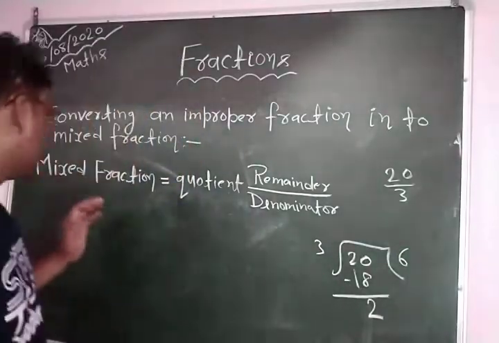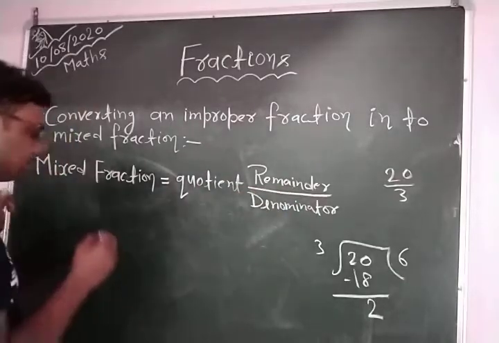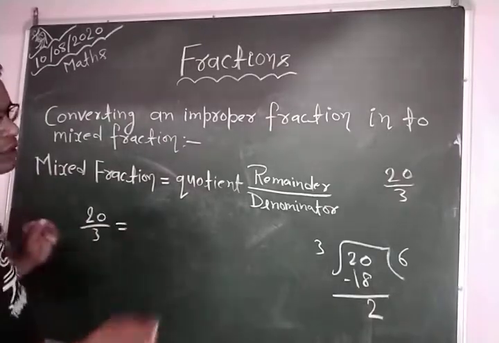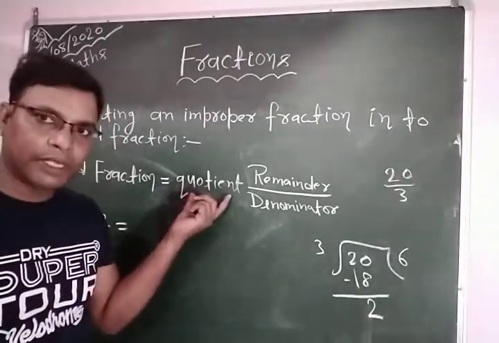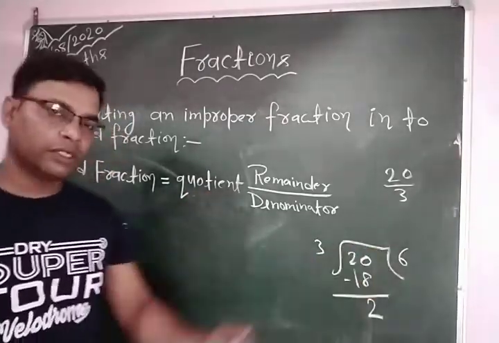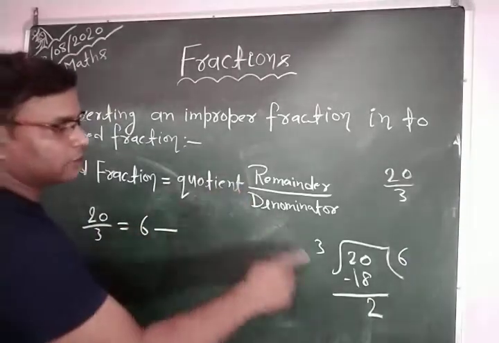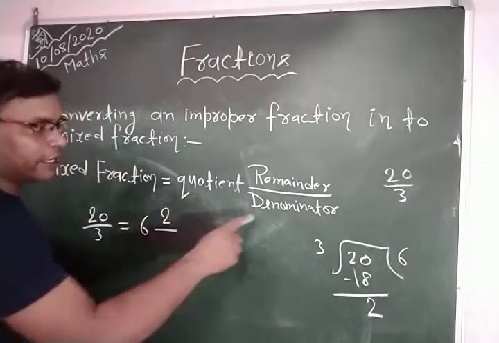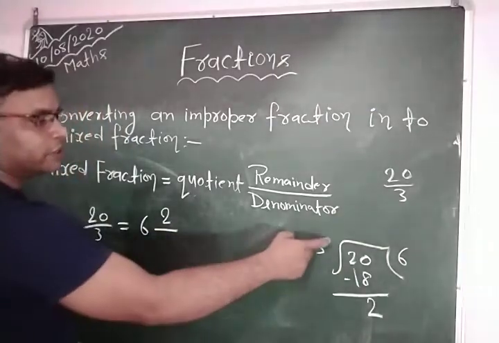So here we can change this improper fraction 20 by 3 into mixed fraction. The formation of mixed fraction is the quotient, so 6 is quotient, and remainder is 2, and denominator is 3, you can say divisor.